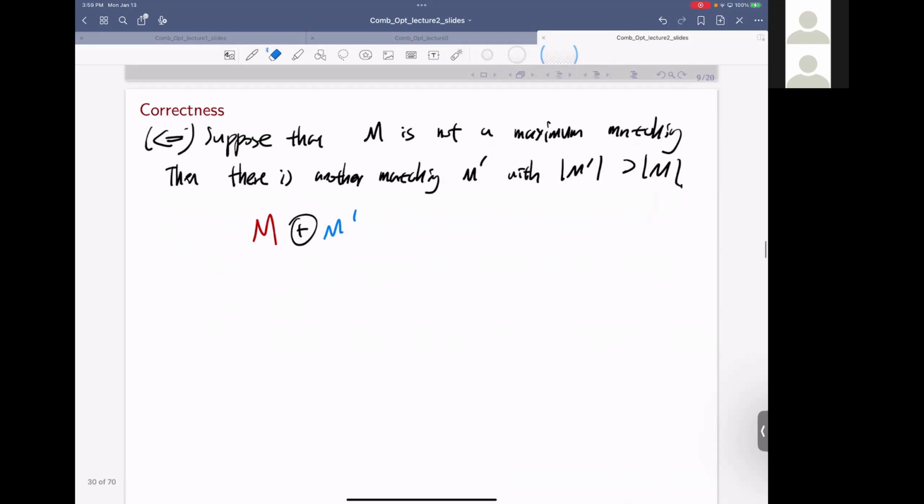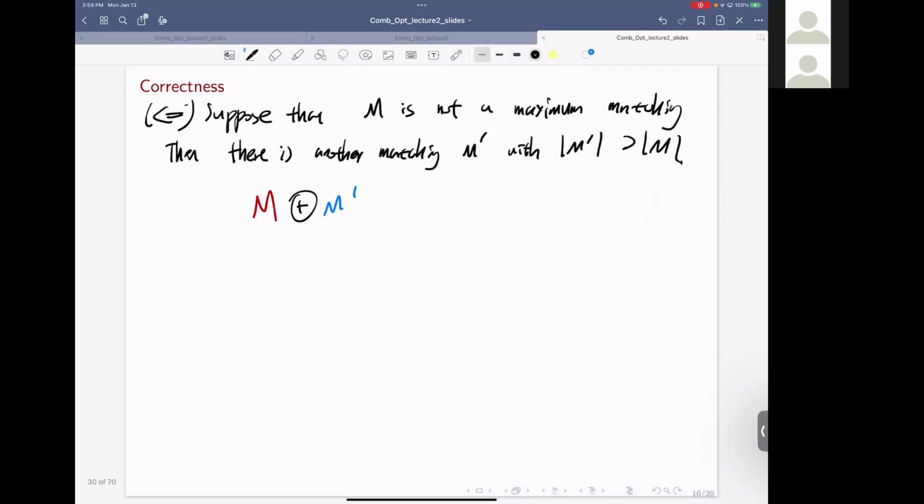So what we want to observe is the following. H_M is a subgraph spanned by M. So I'm going to keep only the edges in M and remove the other ones. Then you get a subgraph. And also you take a subgraph that is spanned by the edges in M prime. You keep only the edges in M prime and remove the other ones.